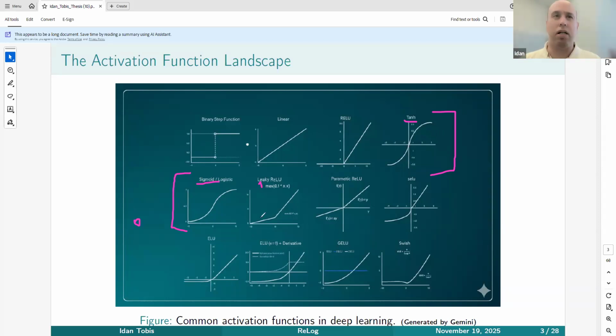Hyperbolic tangent is basically sigmoid times 2 minus 1, so it goes from -1 at negative infinity to 1 at infinity. So instead of saying we have a lack of a feature and the certainty of that feature, we have the feature and the negative of that feature. Those were basically the two classic activation functions.